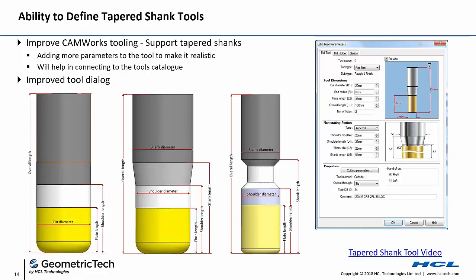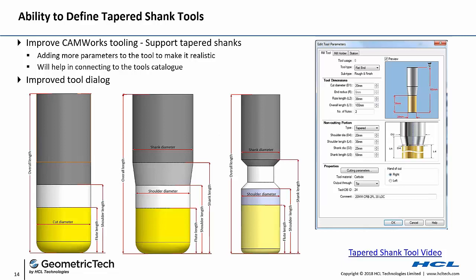Also, of course, the simulation will do gouge checking against it, so collision checking. So if there's a collision that occurs with part of the tool, then it will be displayed for you while doing simulation. So supported fully by simulation.